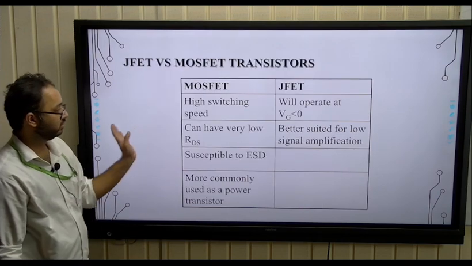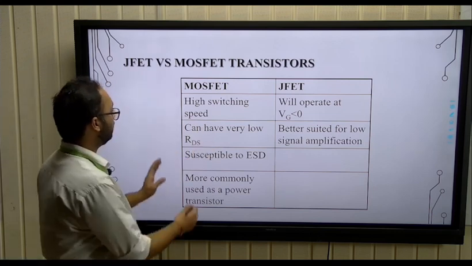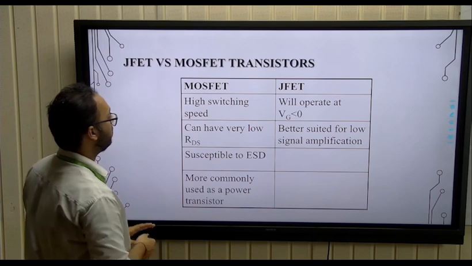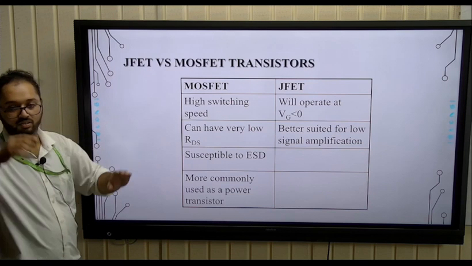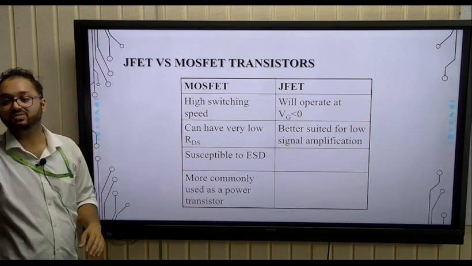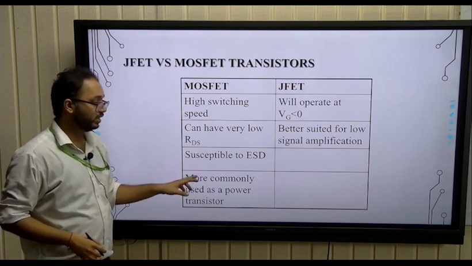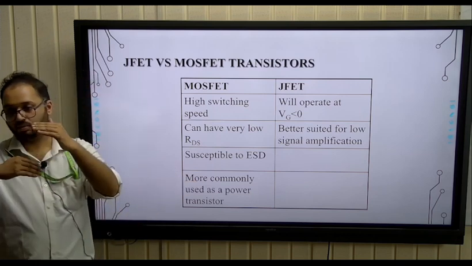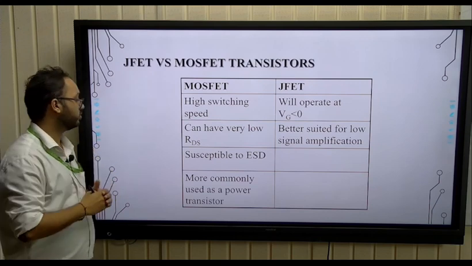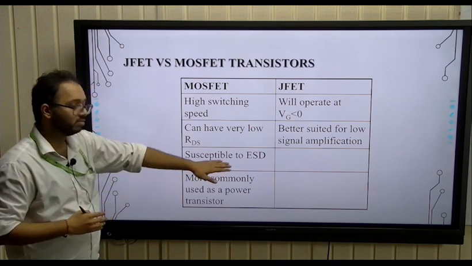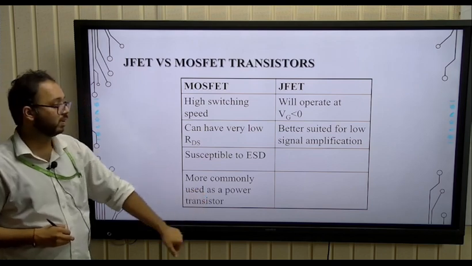Now this is just a comparison between MOSFET and JFET that I have given, of why we are using MOSFET and why we are not using JFET. It has high switching speed, it can have very low RDS, that is, from drain to source the resistance is very low even compared to BJT, and it is susceptible to ESD, that is, if you are applying voltage to source and drain, there is also a possibility of switching it off from ESD, and it is mostly used in power transistors.